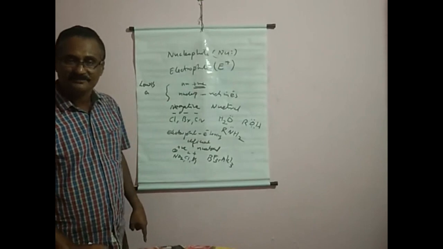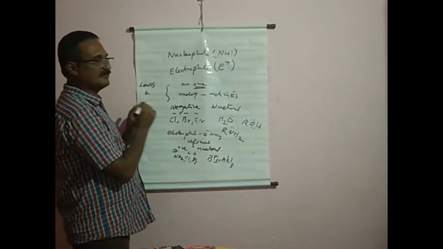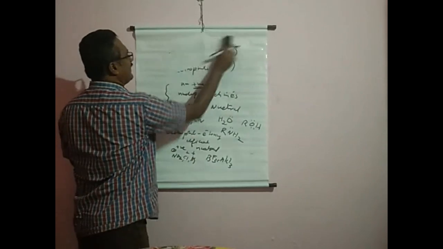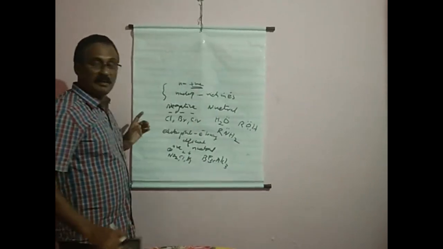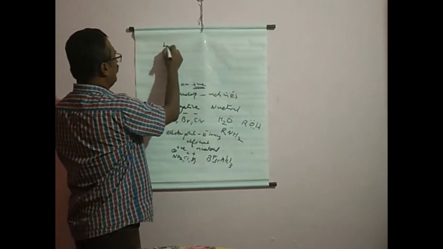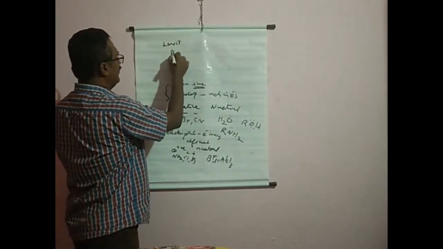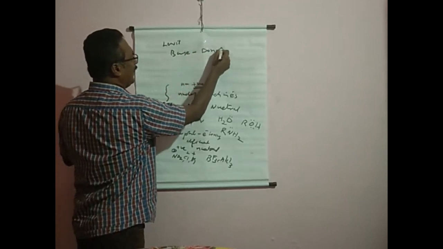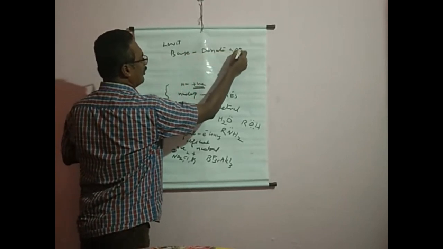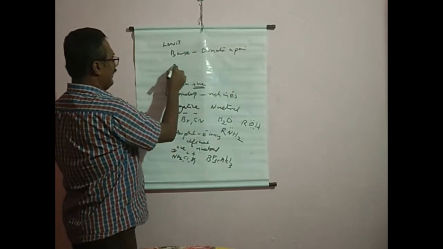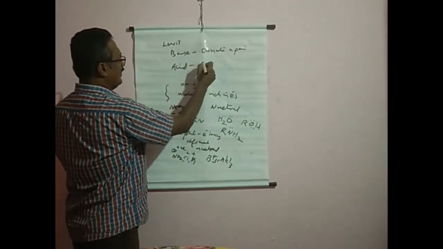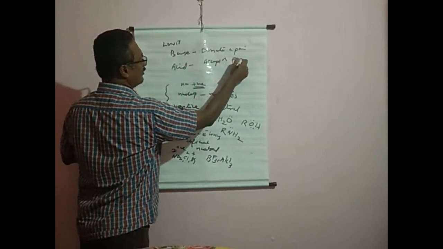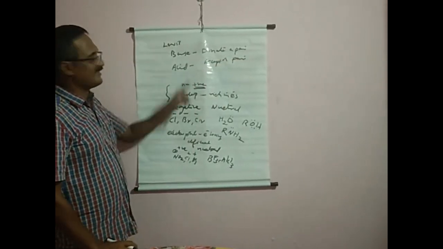According to the Lewis concept, a base is any substance which can donate a pair of electrons, and an acid is any substance which can accept a pair of electrons. That is what is called a Lewis acid.